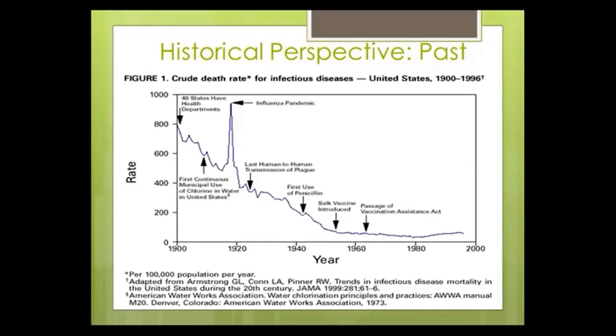In 1918, one of the most devastating epidemics in history occurred. It was the 1918 influenza pandemic that resulted in 20 million deaths, including 500,000 people in the United States alone in less than a year. Animal and pest control contributed to disease reduction.